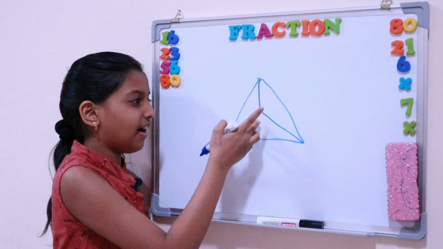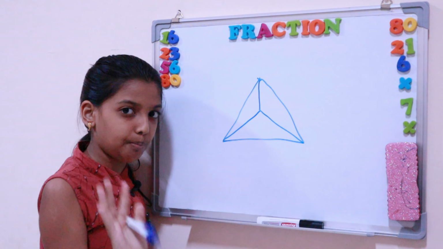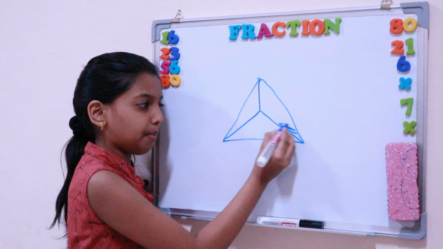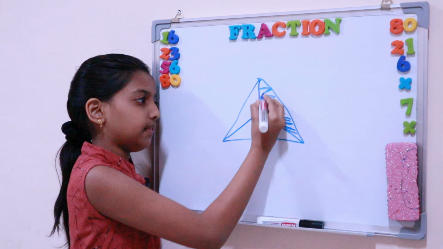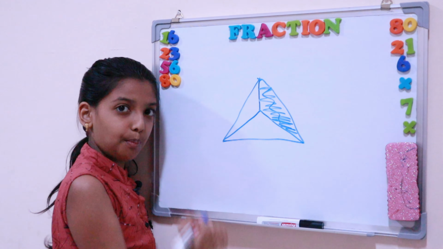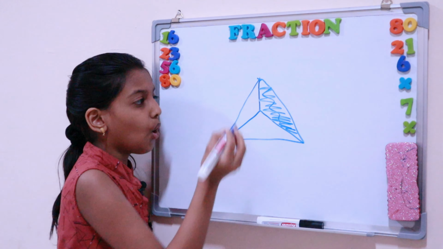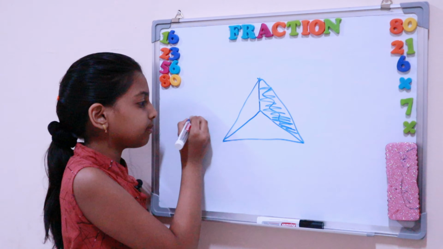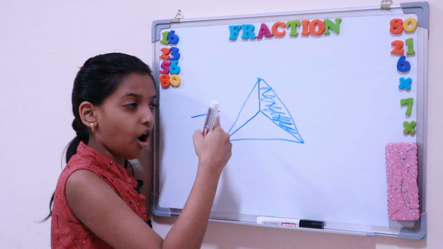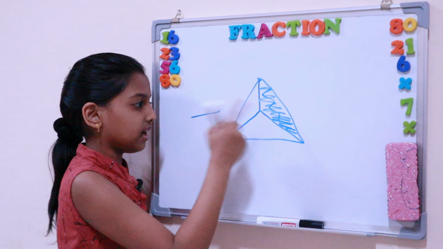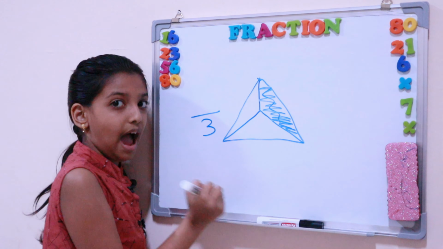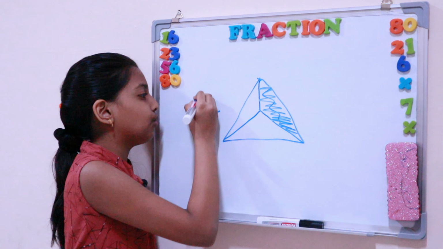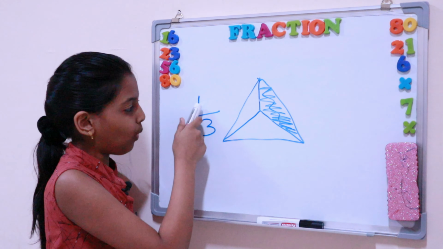We are dividing the triangle into 3 equal parts. Now I am going to shade one of the parts of the triangle. Now, the shaded part of the triangle is called 1/3. Now we are writing the fraction of 1/3. The total number of the triangles is 3 and the number of shaded parts is 1. So the answer is 1 by 3.